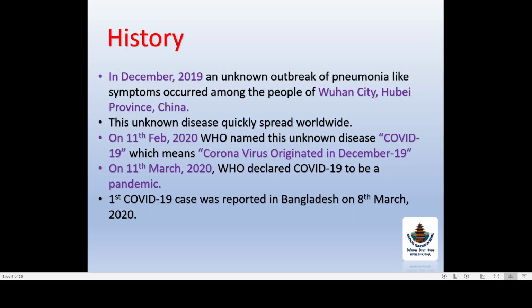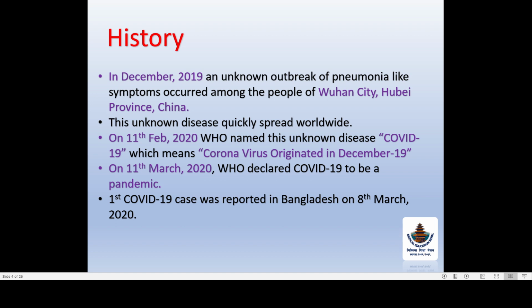Now, looking at the history of COVID-19, in December 2019 an unknown outbreak of pneumonia-like symptoms occurred among the people of Wuhan city in the Hubei province in China, and it quickly spread, not slowly.